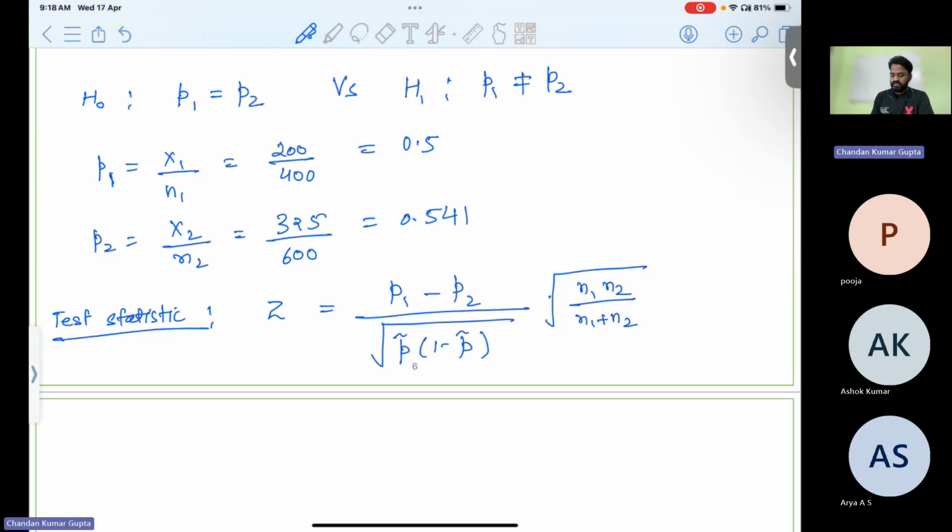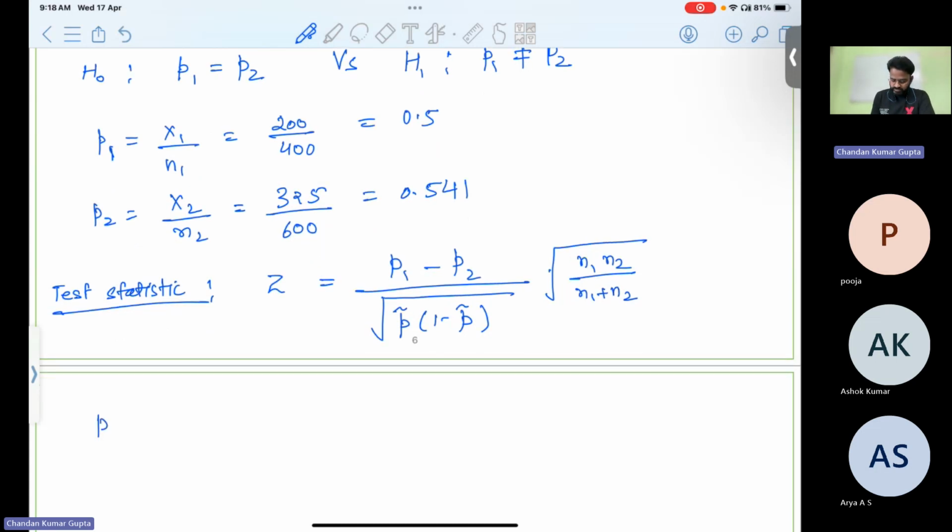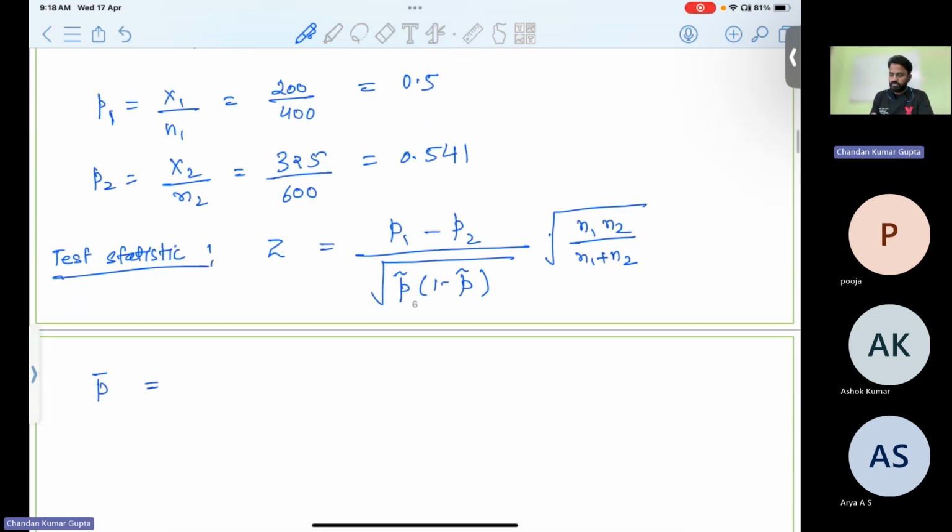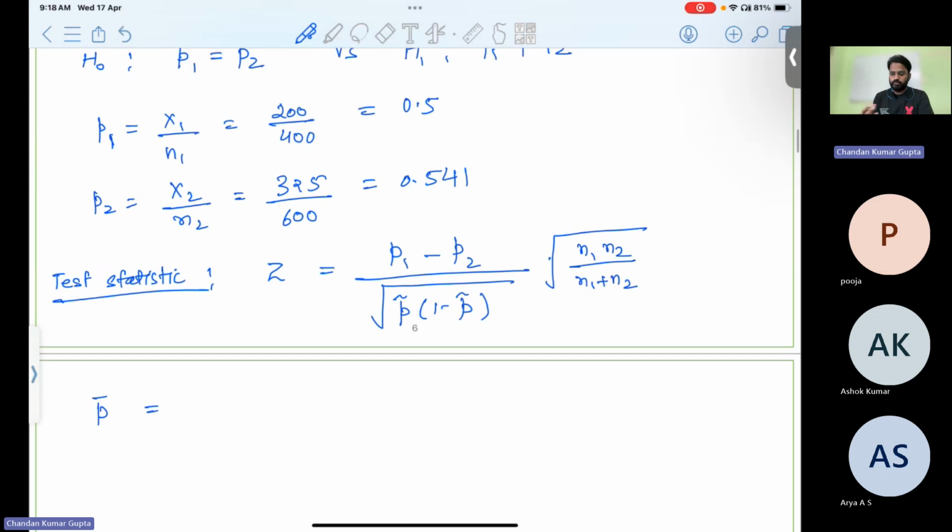Here p cap, or p bar, is our combined proportion. That means x1 plus x2 upon n1 plus n2, so 200 plus 325 upon 400 plus 600.